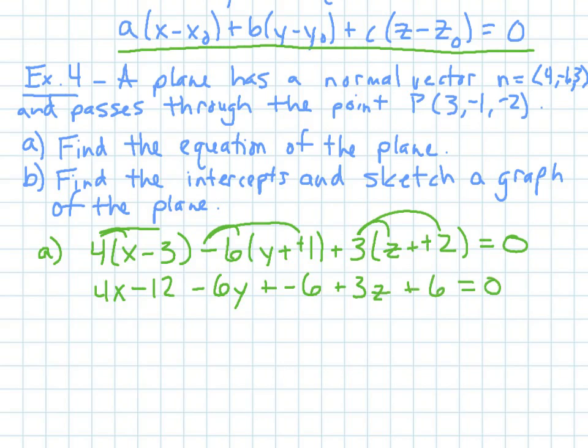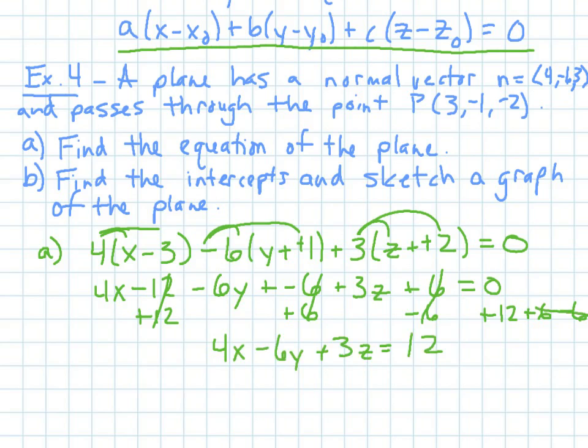So then I'm going to move the other values over. I'm going to add 12, and then I'm going to add 6, and I'm going to subtract 6. Okay, and so that leaves me with 4x minus 6y plus 3z equals 12, because those 6's cancel each other out. So this would be the equation for this plane.